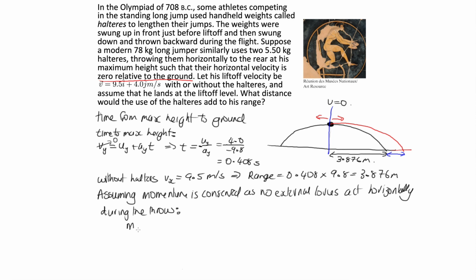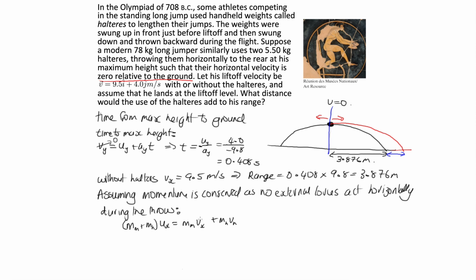So the mass of the man plus the mass of the halters times the initial velocity, which is Ux, which we know is the 9.5, is going to be equal to the mass of the man times the final velocity of the man in the x direction plus the mass of the halters times the final velocity of the halters in the x direction.